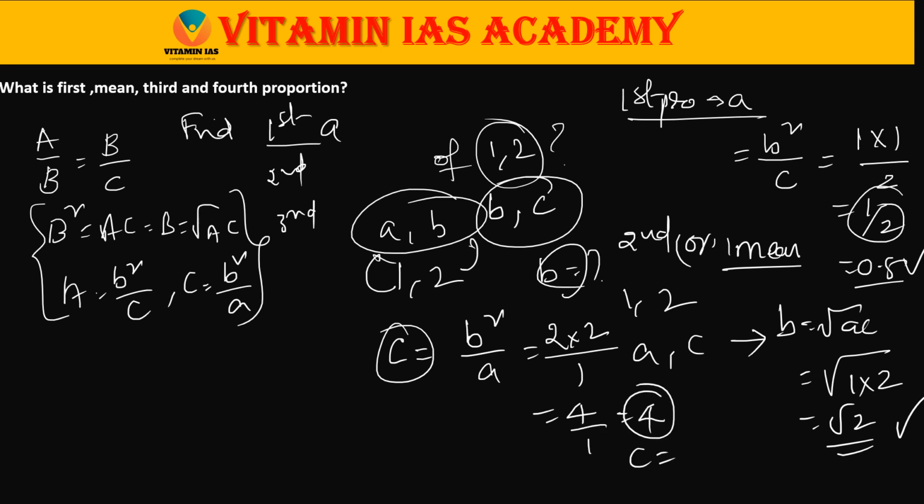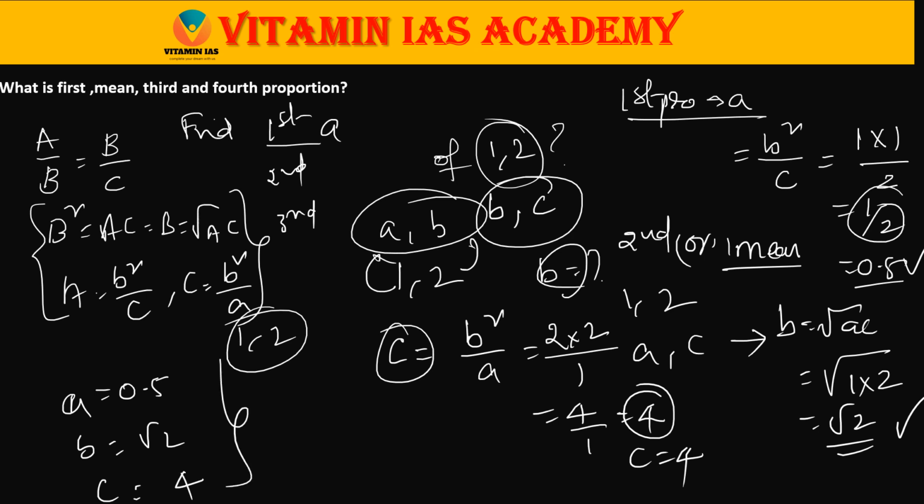So C value is equal to 4. For the 1, 2 values, what is the first proportion? 0.5. What is the second proportion? Root 2. And what is the third proportion? 4. This is the process for finding the first, mean or second, and third proportion for case number 1.